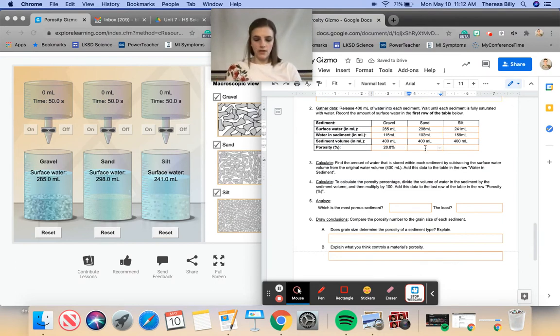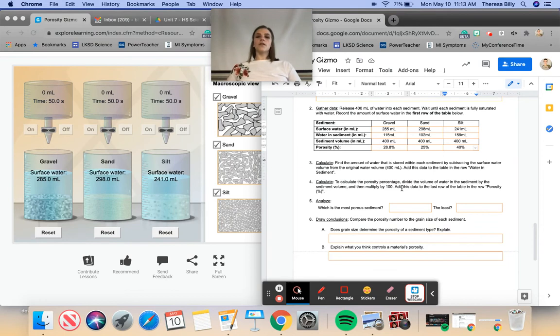Then we'll do the next one, 102 divided by 400 gives us 25% porosity, and 159 divided by 400 gives us about 40%. So again, do those numbers kind of match up with what we were originally thinking? Yes. Silt is 40% porous, which means it can hold a little bit more water compared to gravel, which is 28%, and sand, which is 25.